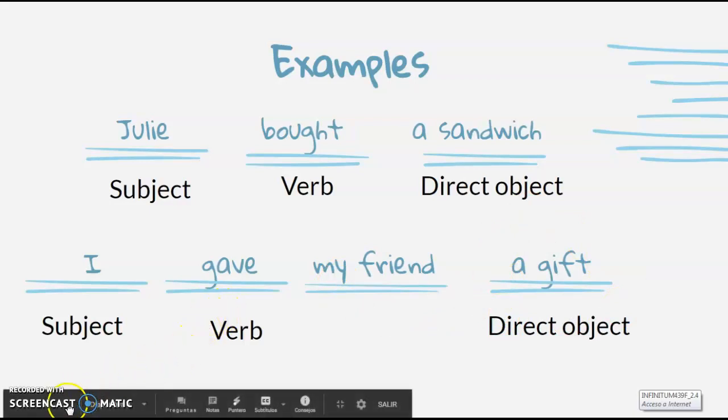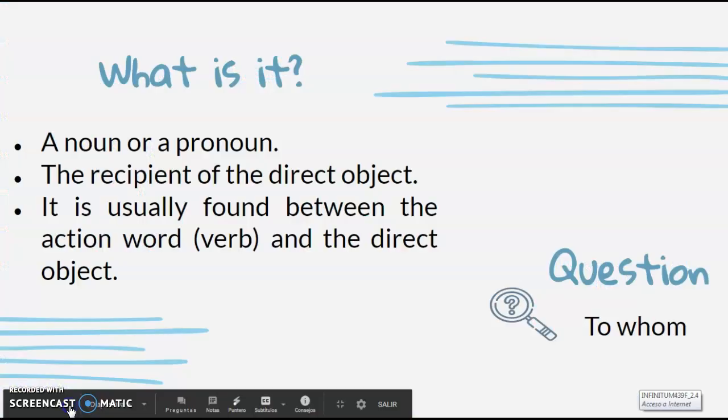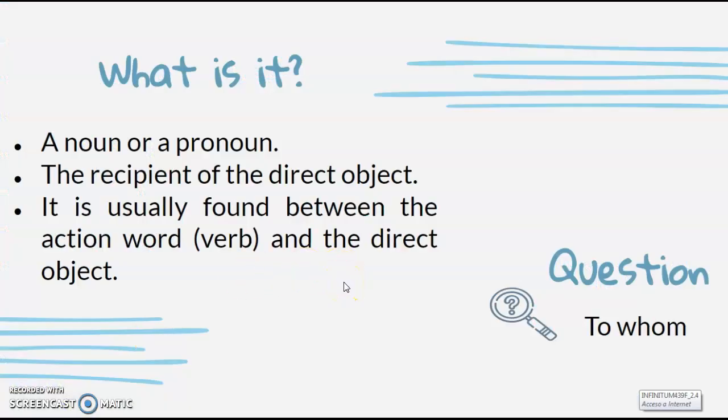Very easy, right? Now, an indirect object is also very easy. What is it? It is either a noun or a pronoun. And a characteristic of the indirect object is that it is the recipient of the direct object. What do I mean?